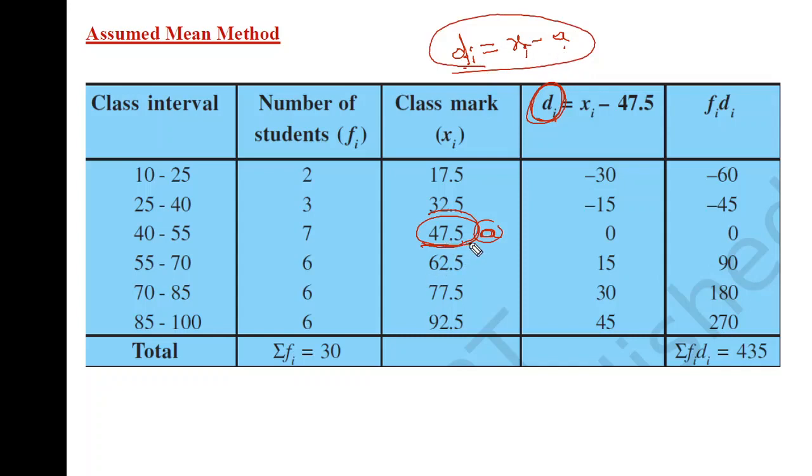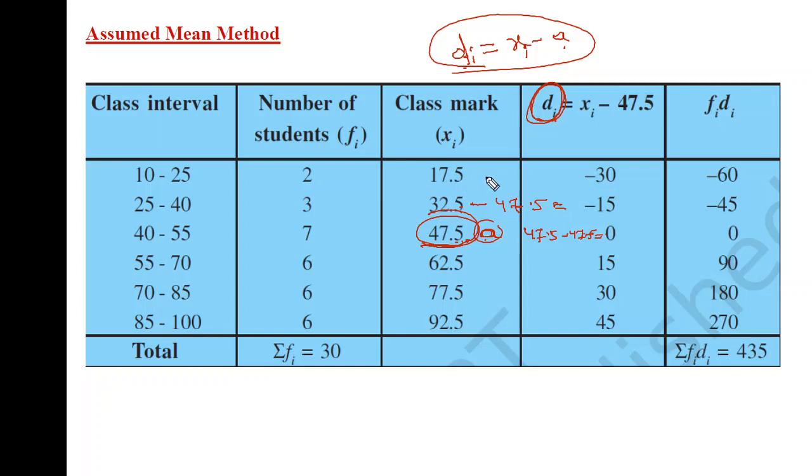Now you have assumed mean 47.5. Now 47.5 minus a, same 47.5. Here you can write 47.5 minus 47.5 is equal to 0. Similarly, here 32.5 minus 47.5. We will subtract the assumed mean from all the observations. So 32.5 minus 47.5 will be equal to minus 15.